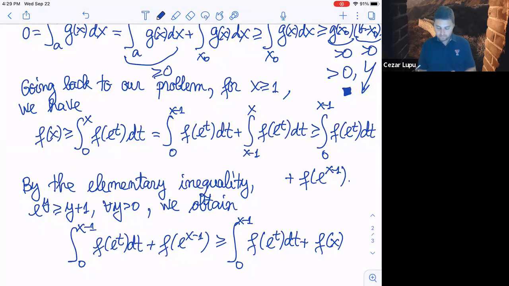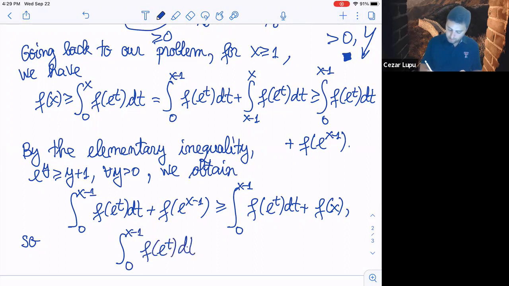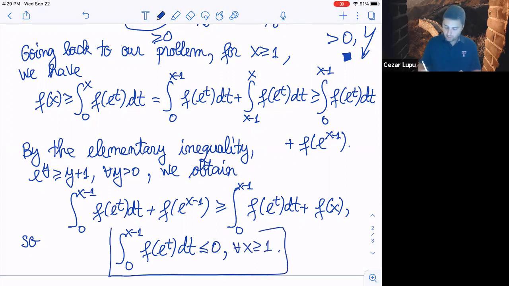But, so, we obtained that the integral from 0 to x minus 1 of f of e to the power t dt is negative for all x greater or equal than 1. All right, so we have this information, and I think we're in a good place at this point.